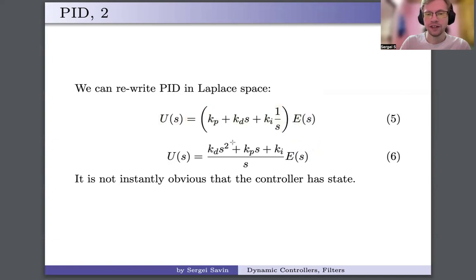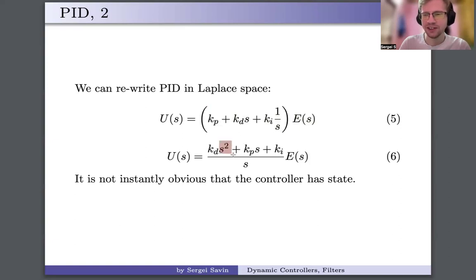We can rewrite it as a transfer function, except this is not a proper transfer function, because for a proper transfer function, the degree of the polynomial upstairs has to be smaller than the degree of the polynomial downstairs. This is not a proper transfer function. The reason it is not proper is because it does not describe an ODE.